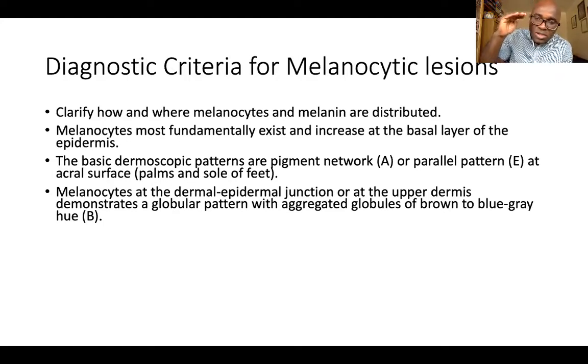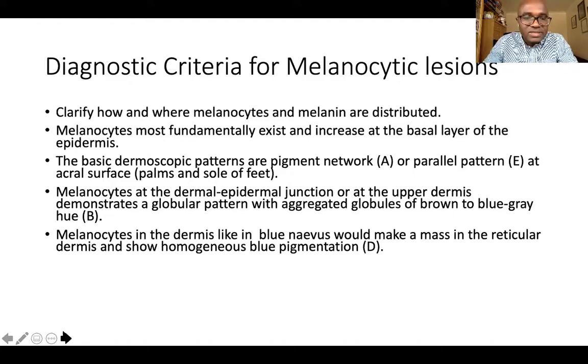If you go back to the first part of the series, where I showed you the anatomy of the skin and the histology, we showed you the basal layer of the epidermis, which is adjacent to the papillary dermis. That's where the dermo-epidermal junction or upper dermis is, where you have some globules. They can be of brown to blue-gray color. So that is the aggregated globules in melanocytic lesions.